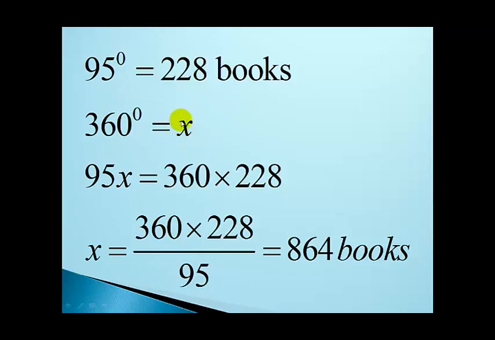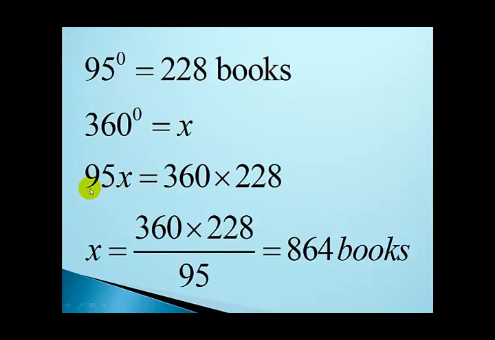Now, by cross multiplication, 95 times x will give us 95x on the left hand side, and this is equal to 360 times 228. Now we are solving for x, so we divide both sides of the equation by 95.